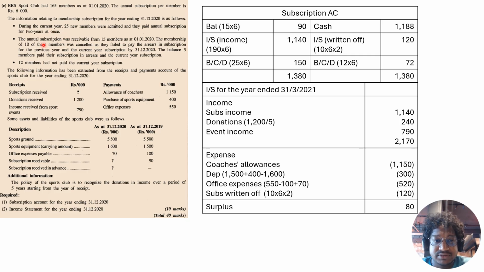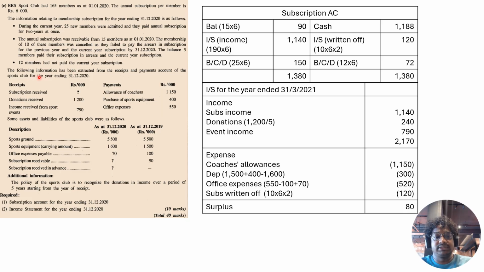And the annual subscription was receivable from 15 members as at opening date. The membership of 10 of these members was cancelled as they failed to pay the arrears in the subscription for the previous year and the current year as well. The balance 5 members paid their subscription in arrears and the current year subscription as well. And 12 members had not paid the subscription for this year.